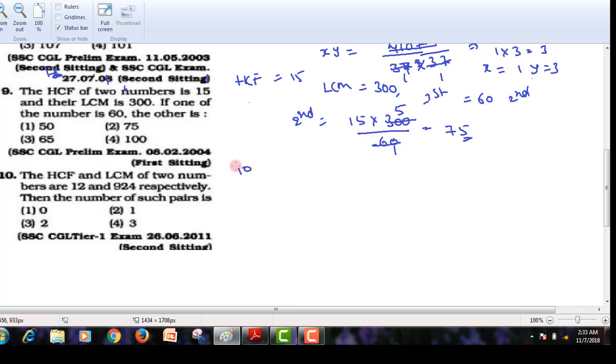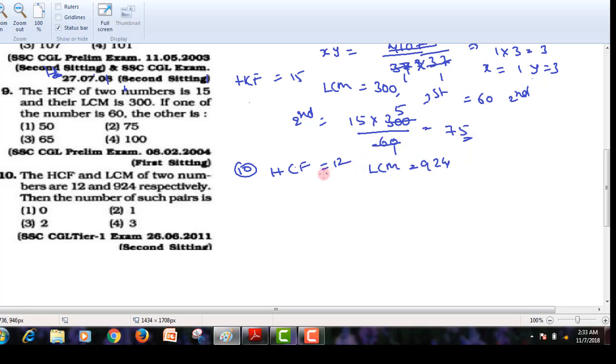Let us see the 10th problem. In the 10th problem, the HCF and LCM of two numbers are given as 12 and 924 respectively. Then the number of such pairs is, that means how many pairs will satisfy this condition.